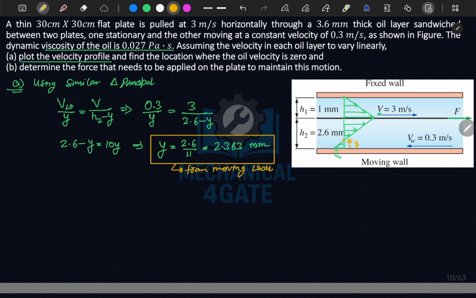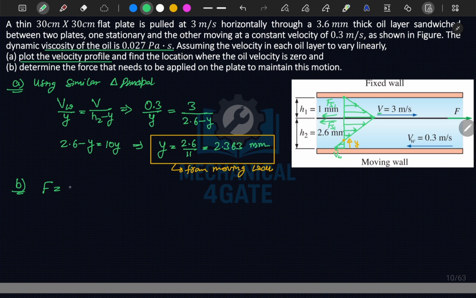Now in part B, it is asked to determine the force that needs to be applied on the plate to maintain this motion. The force F will be equal to the shear force Fs1 plus Fs2.